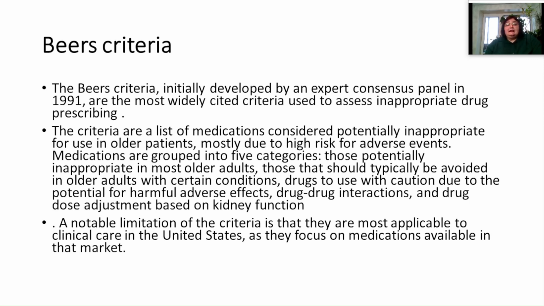The criteria list medications considered potentially inappropriate for use in older patients, mostly due to higher risk for adverse events. Medications are grouped into 5 categories: those potentially inappropriate in most older adults, those that should typically be avoided in older adults with certain conditions, drugs to use with caution due to the potential for harmful adverse effects, drug-drug interactions, and drug dose adjustment based on kidney function.